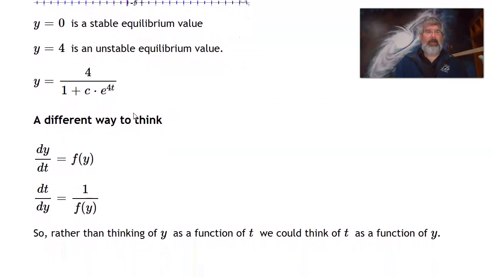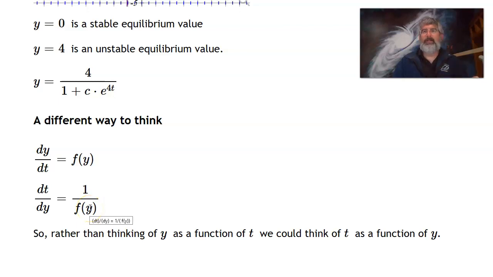One last thing I want to say is that although we have it written this way, if you think about this a little differently, take the reciprocal of both sides. Instead of dy/dt equals f of y, you could have dt/dy equals 1 over f of y. So think of t as a function of y rather than the other way around. The derivative of t is equal to this, and you can just integrate it.